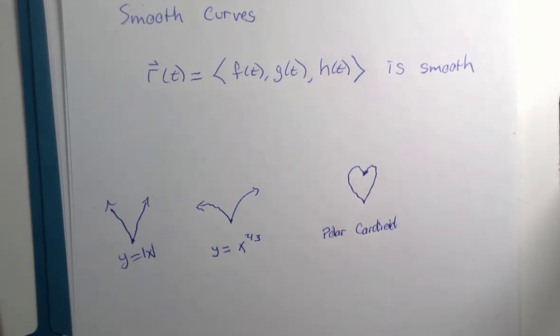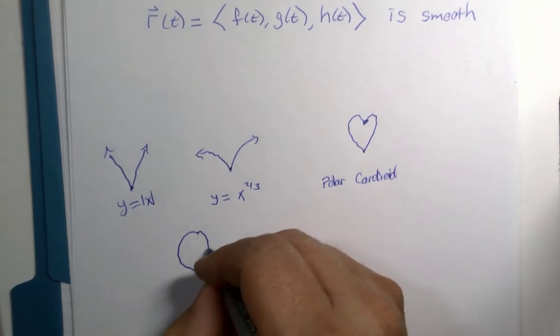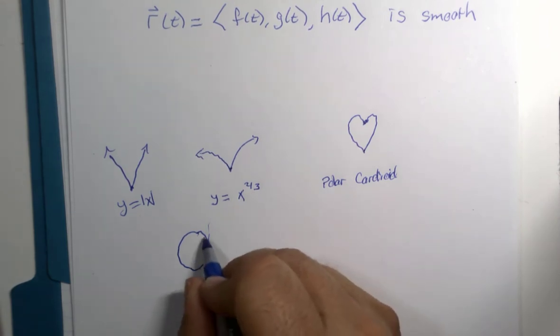It was not smooth there. So this is an example where the derivative might be undefined, but remember, we had graphs where, like for example, the circle clearly has a tangent line here. It's just the slope is undefined. Well, and this is a smooth curve.